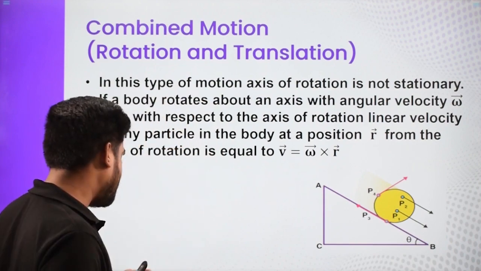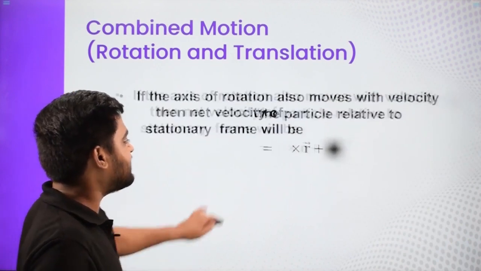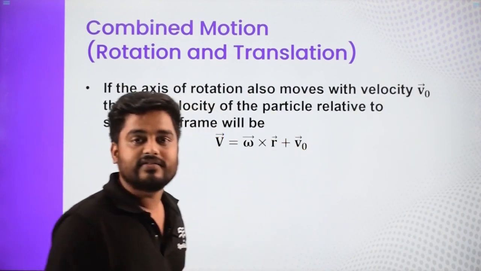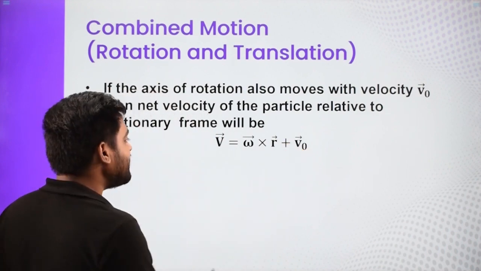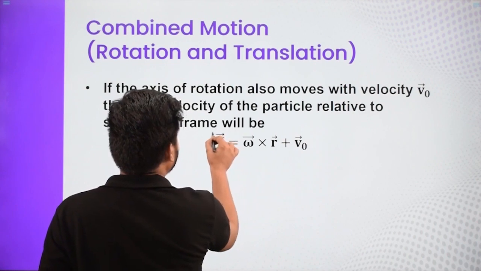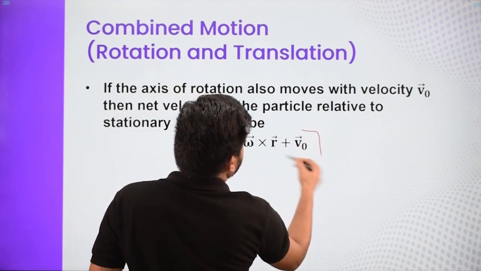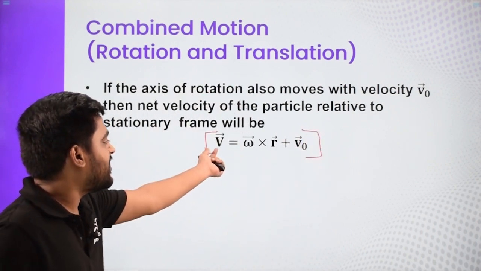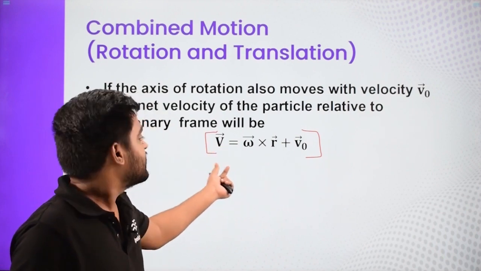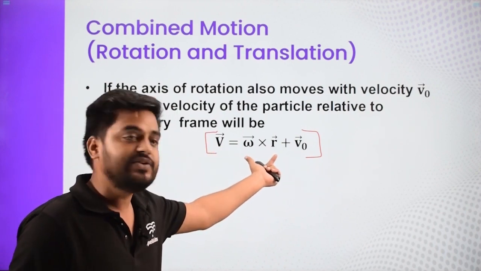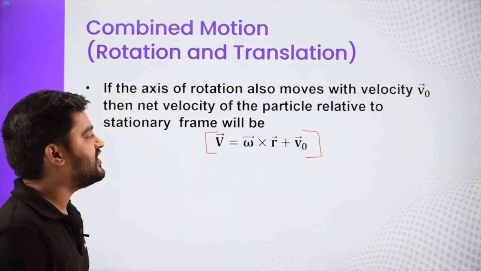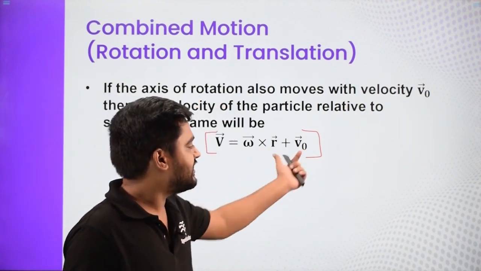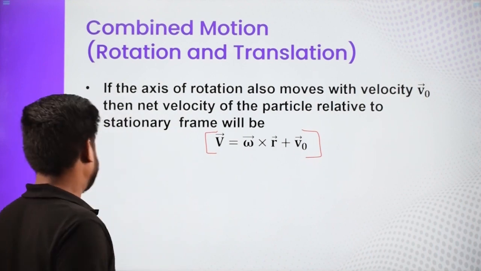If we add another velocity, which is v naught, the velocity of the axis of rotation itself, then we will get the velocity of each and every particle. So this is going to be the formula for the velocity of any particle. This is the velocity due to rotation and this is the velocity due to translation. When we do the vector addition, we get the overall velocity with respect to the ground itself.